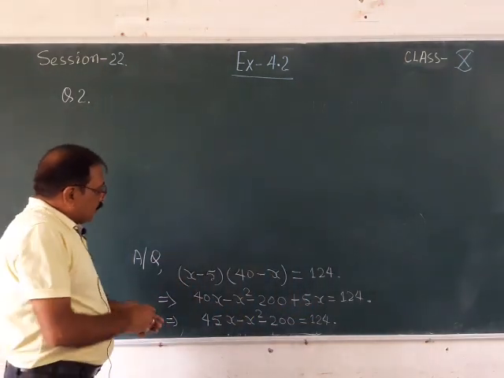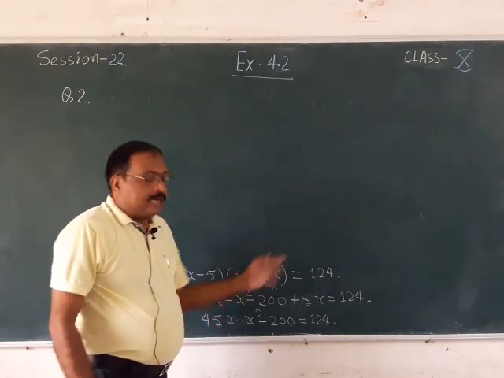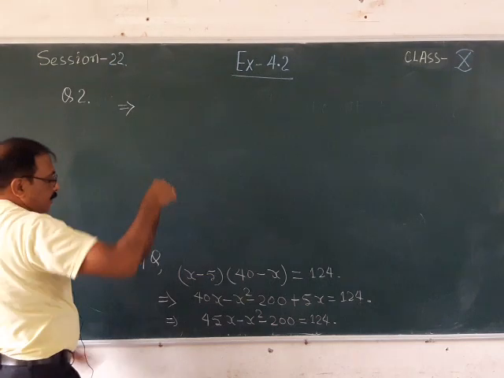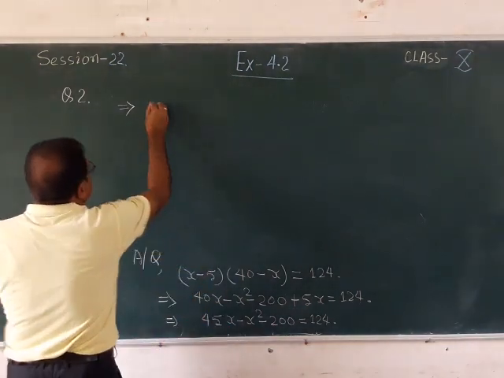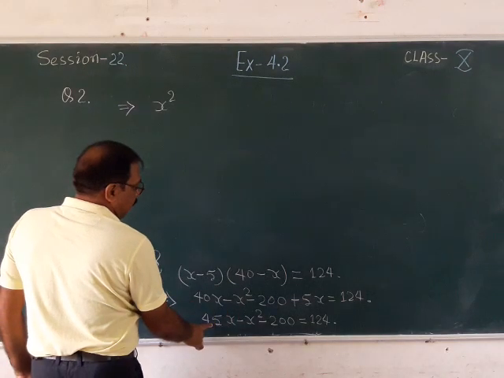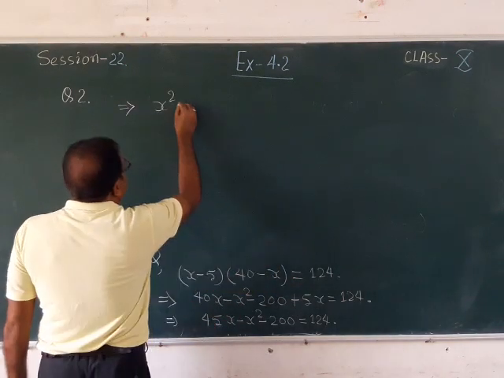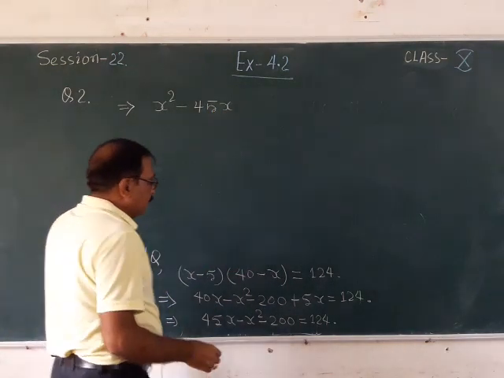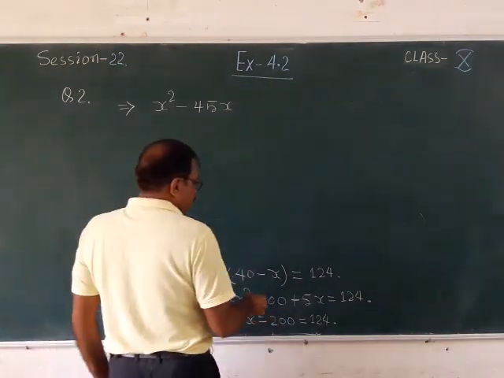So shifting all the terms from left to right side, x square will go to the right side, it will be positive x square. Then 45x will go right side, it will become negative, minus 45x, and there is 124.